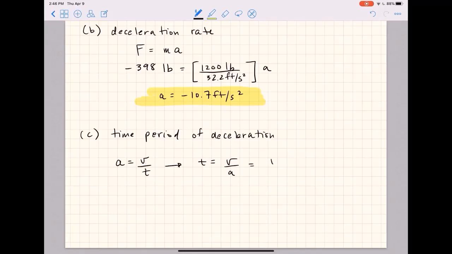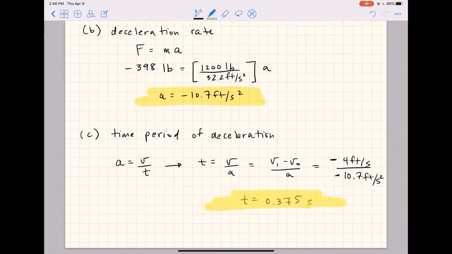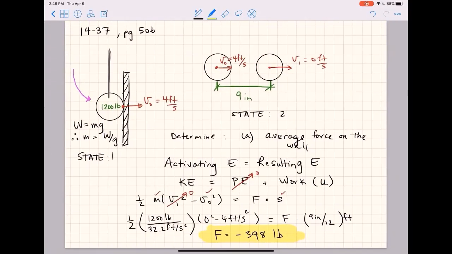So that's equal to v1 minus v0 over a, which is negative 4 feet per second over negative 10.7 feet per second squared. And as expected, we do get a positive value of 0.375 seconds.